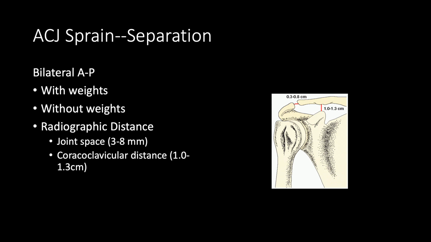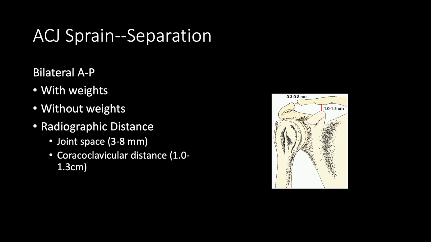So if we look at the AC joint sprains here, you can add weights, having the patient wrap weights around the wrists so that you don't activate the rotator cuff reflex by gripping. They tie a rope onto the wrist and add weights, usually a few kilos, and look at the joint space changes.